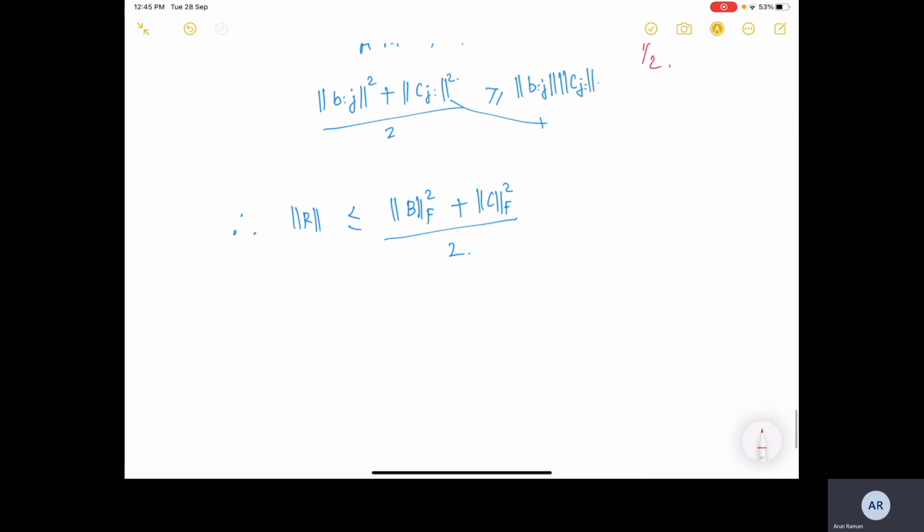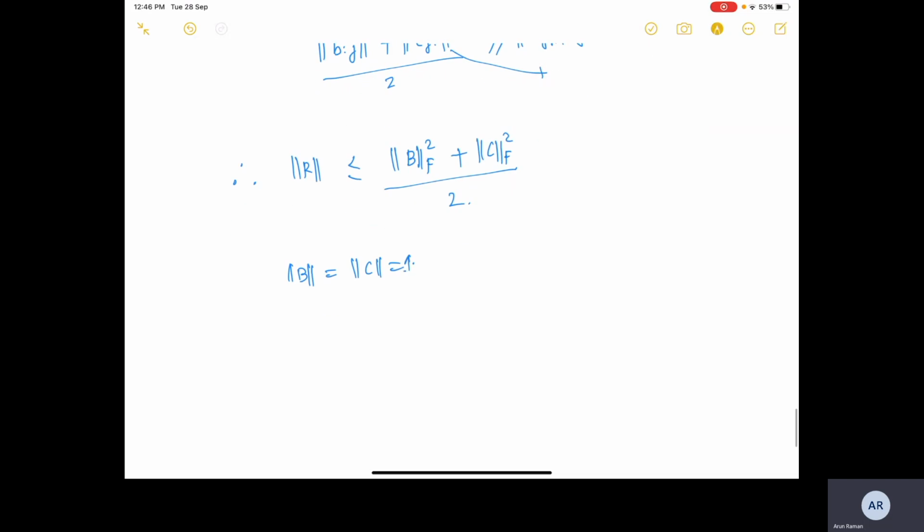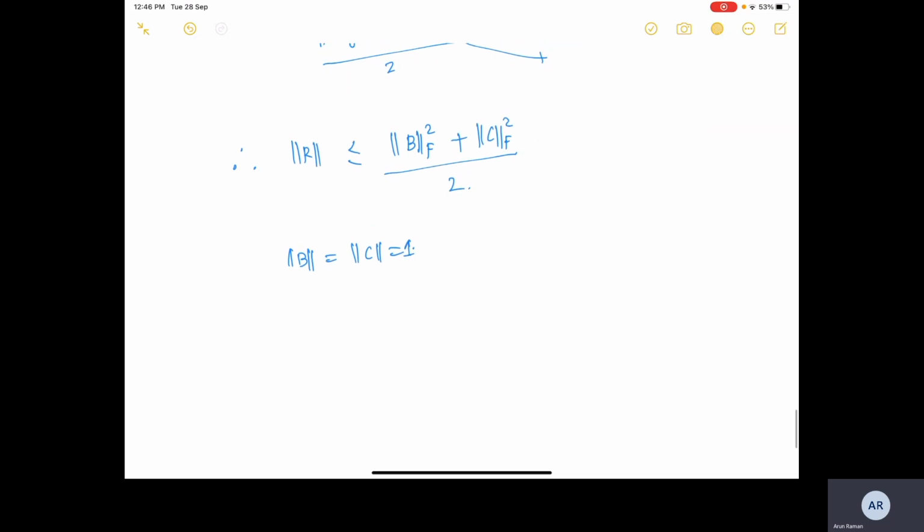Now we can simplify this by making certain assumptions. We are saying that the eigenvalues are normalized for the C and B matrix. The result is valid and can be extended to the case when they are not normalized.